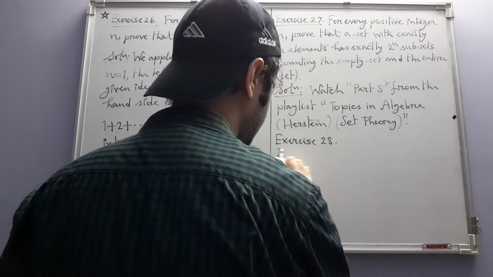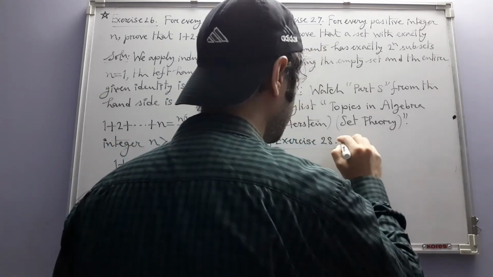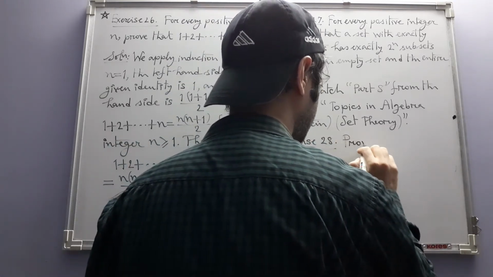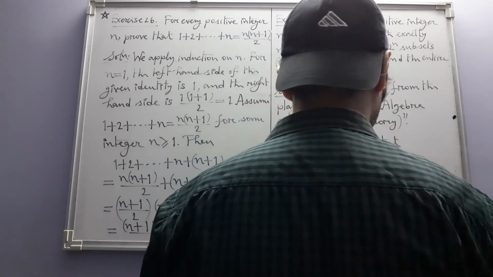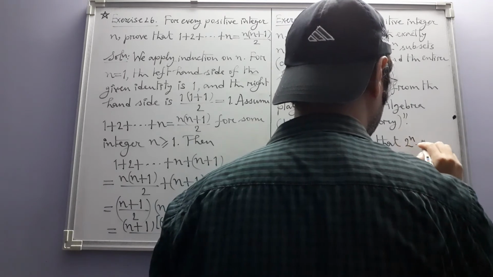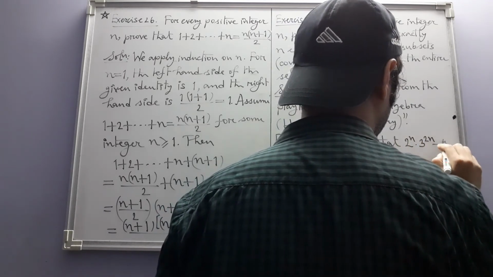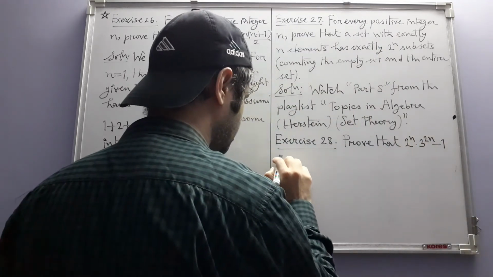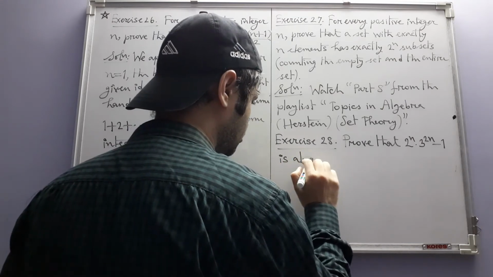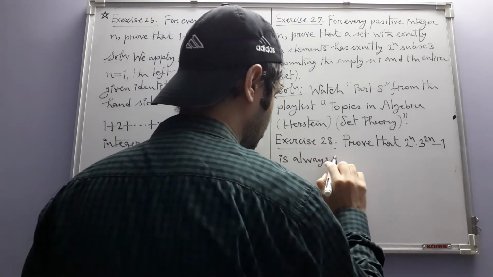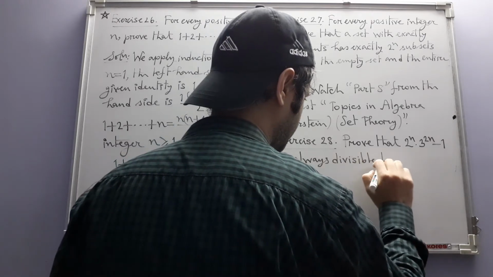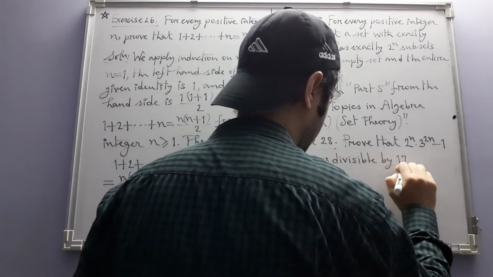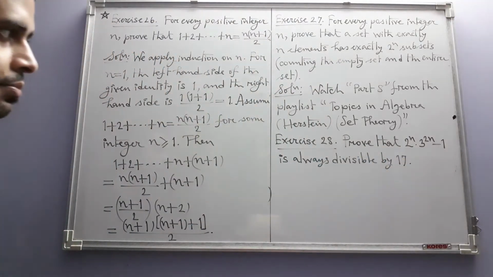Exercise 28. Prove that 2 to the power n times 3 to the power 2n minus 1 is always divisible by 17.